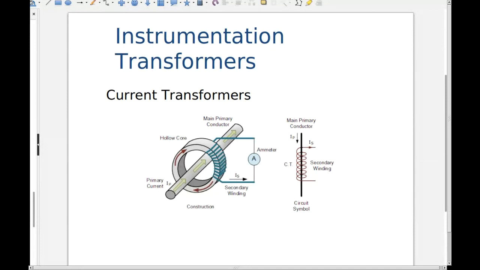And remember that you have more windings on the secondary side, which means that you have a higher voltage, but a lower current. So you have 100 amps over here, you may only have, say, 10 milliamps flowing through the secondary winding, right?